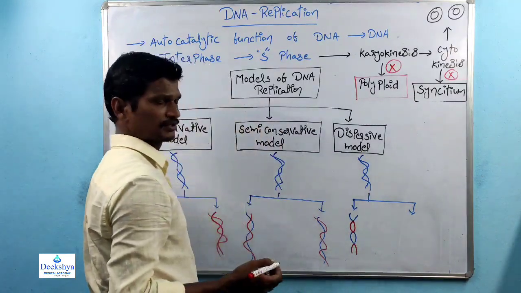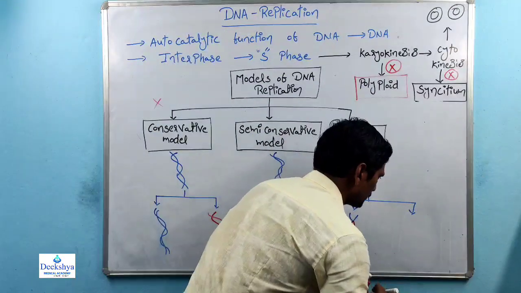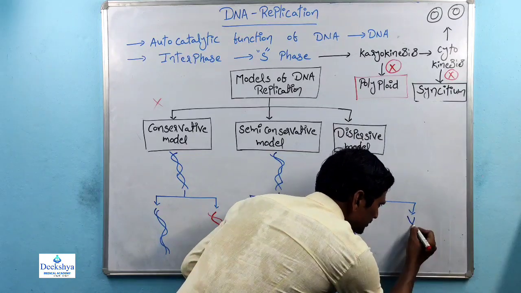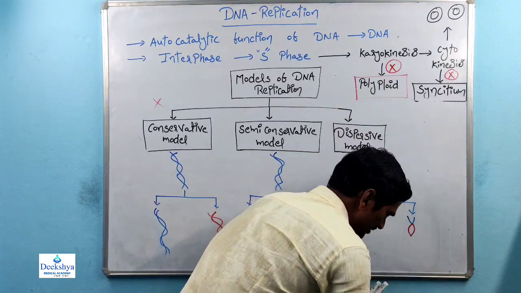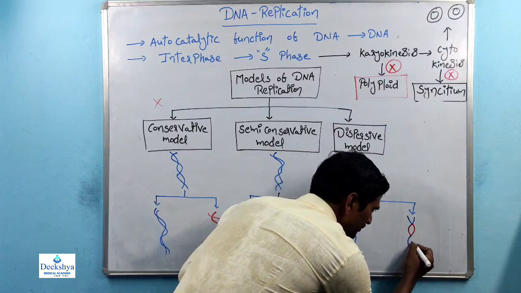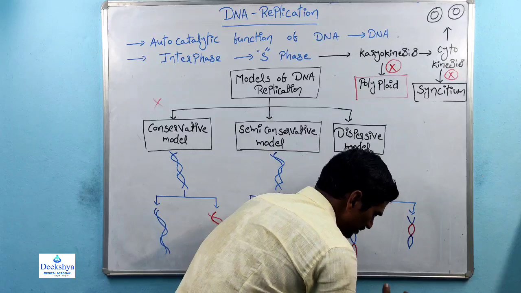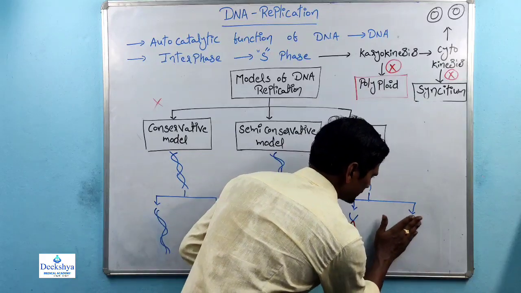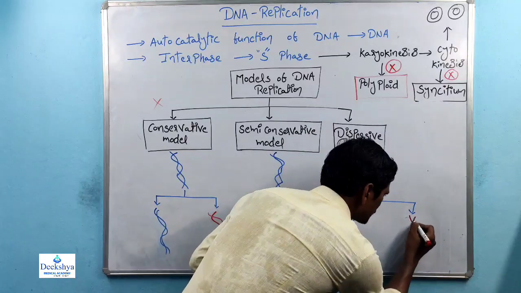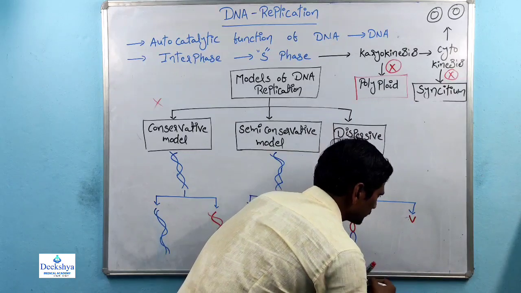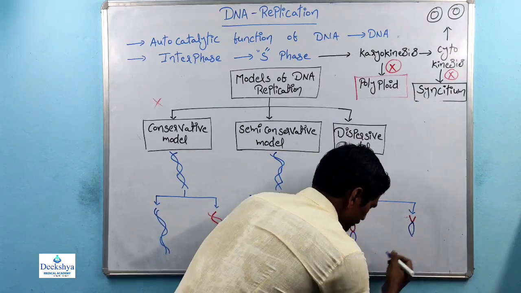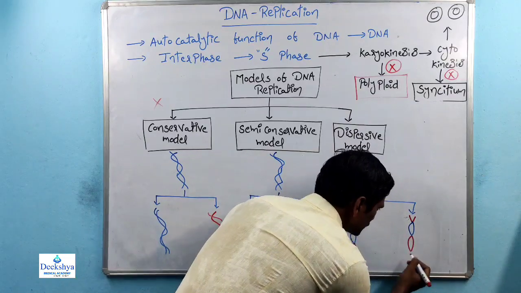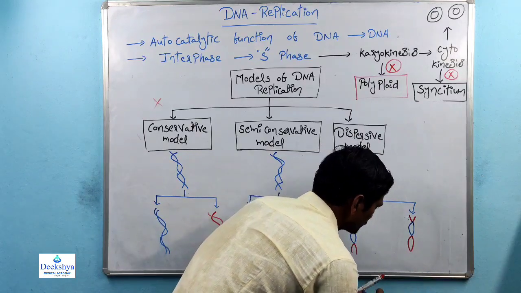Here this bit belongs to the parent DNA and this bit belongs to the newly synthesized DNA, and this is another bit, this is parent DNA, and here it is reversed. Exactly, this is the newly synthesized DNA and this is parental DNA, and again this is newly synthesized DNA, right? This is parental DNA.